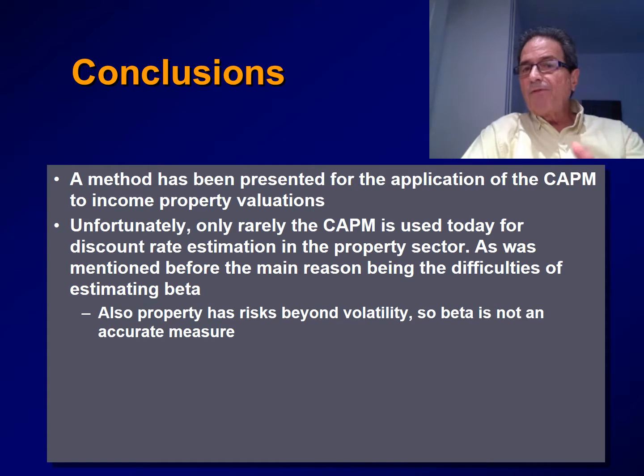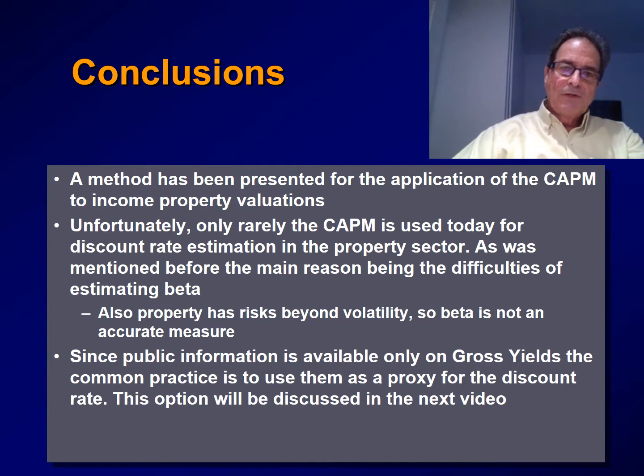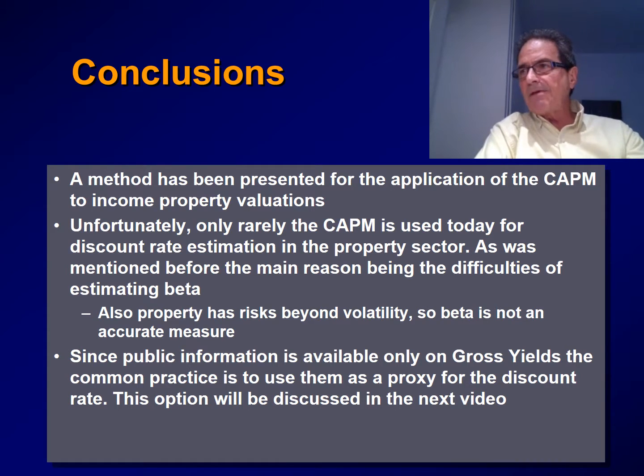As was mentioned before, the main reason is the difficulties of estimating beta because of the fact that the real estate market is not operationally efficient. Also, we know that property has risks that go beyond volatility, that cannot be measured only through volatility. For all these reasons, the CAPM is usually not employed in property.